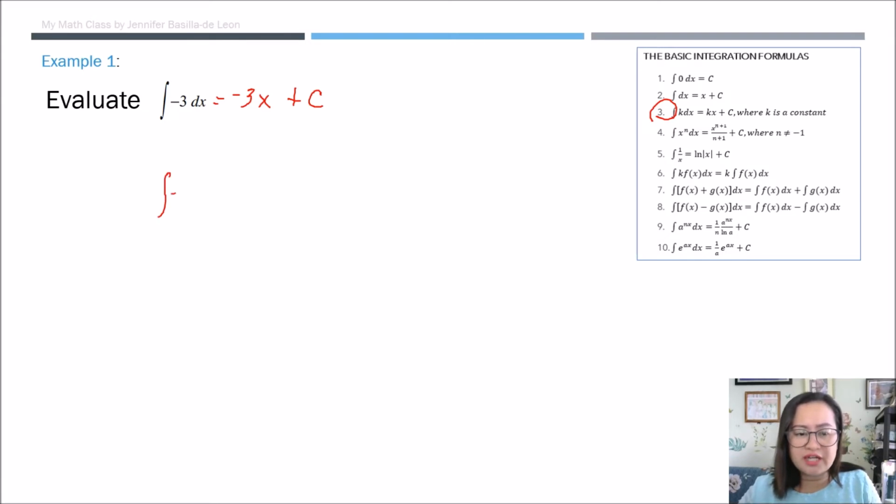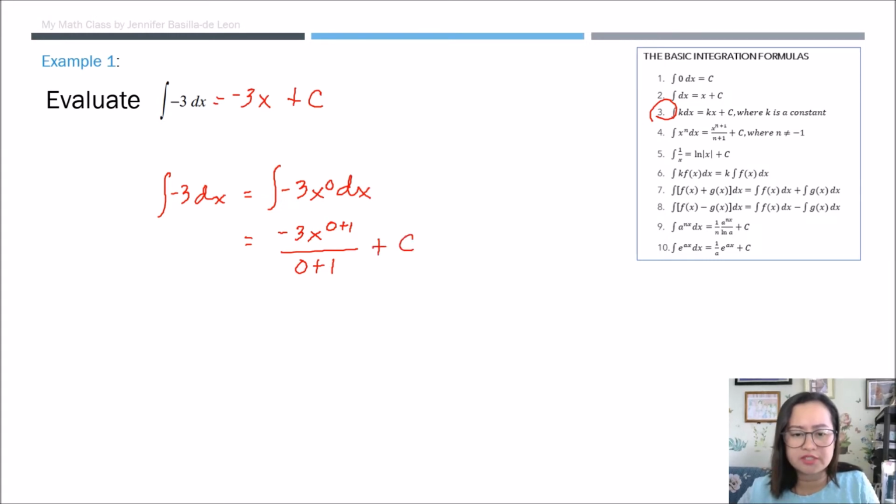Take note that the antiderivative of negative 3 dx can be written as the antiderivative of negative 3x raised to the 0 power dx. Applying rule number 4, we will have negative 3x raised to the 0 power plus 1 over 0 plus 1 plus c.